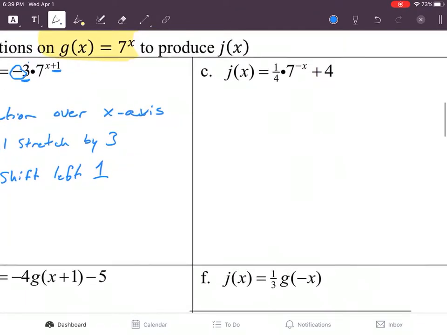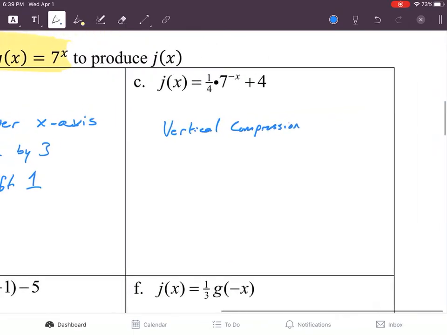Part C. We have the 1/4. This is a vertical compression by a factor of 4.